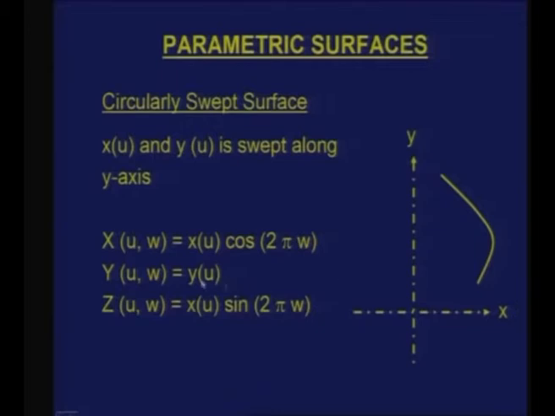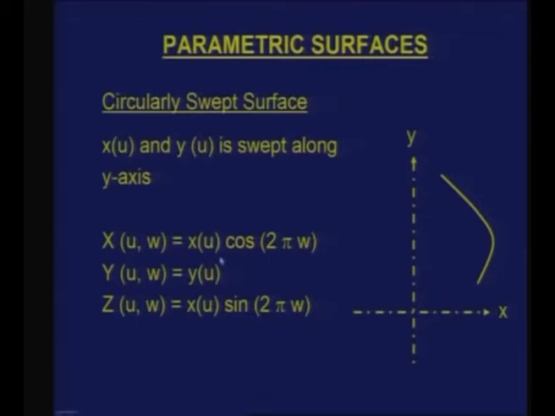So, the y coordinate here will be the same as that of the y coordinate of the curve. Now, as I am doing that, initially this curve was in the xy plane, now it goes out of the xy plane, and at some stage it is in the yz plane as it is sweeping, then it comes back to the xy plane again.